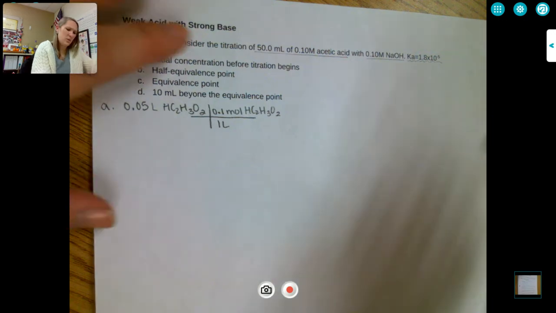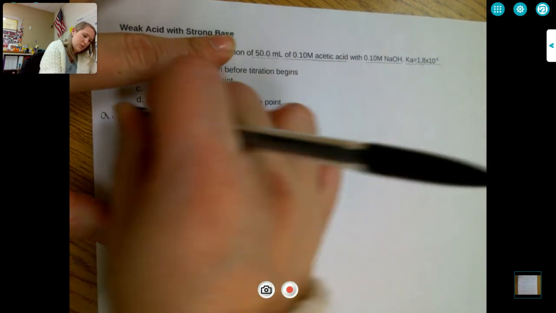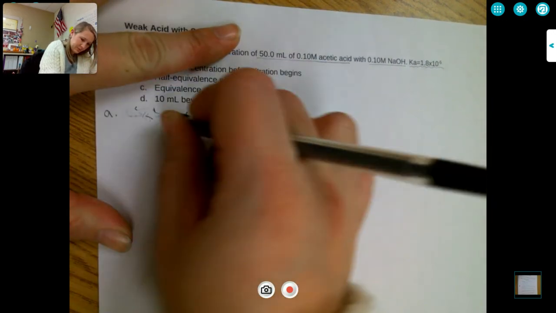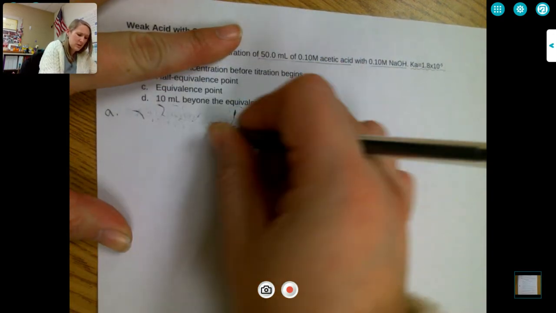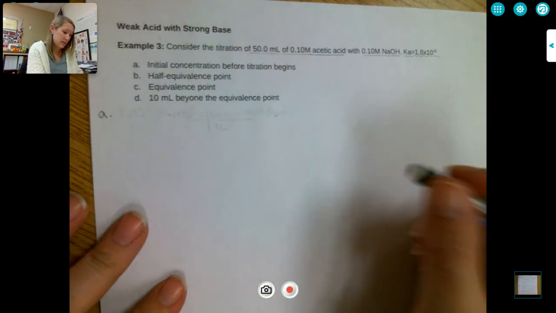Oh, never mind. We can't do it that way. Just kidding. It's a weak acid. We have to figure out how much of it dissociates. We need a nice chart. That's the whole reason we're doing this.